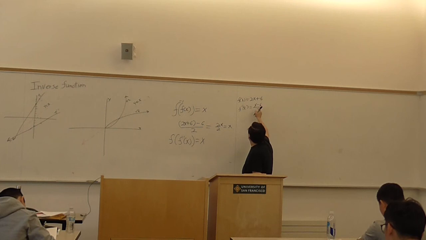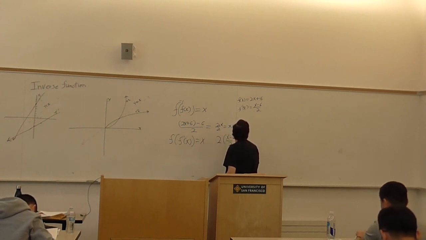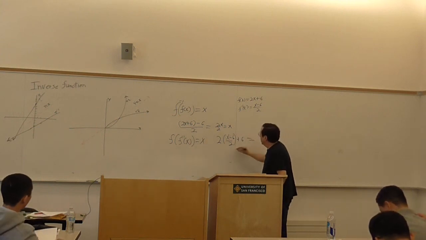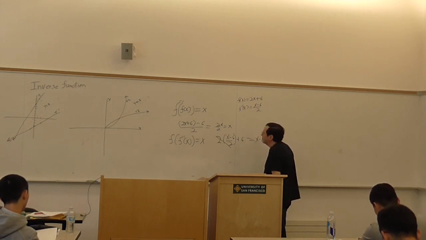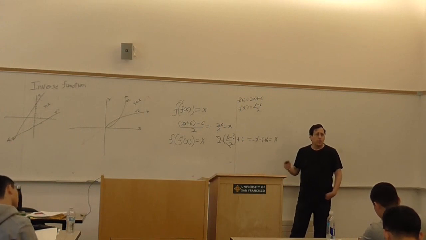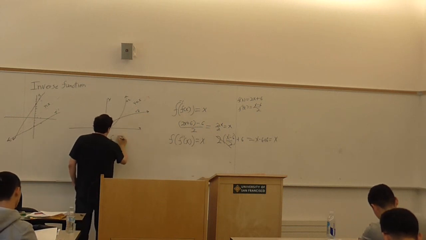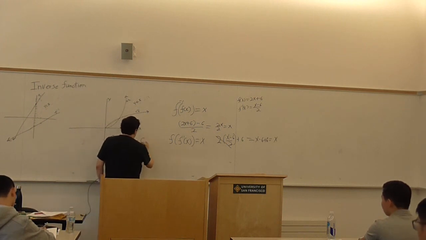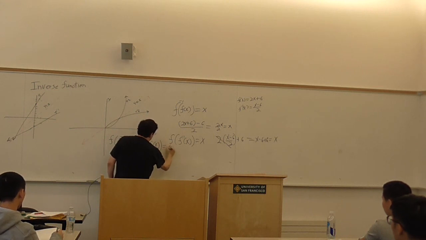I'm going to plug f inverse of x into here, so that's 2 times x minus 6 over 2, plus 6. What's that? These cancel. x minus 6 plus 6 equals x, just as I suspected. It's an important feature of inverse functions. f of f inverse of x will equal f inverse of f of x equals x.